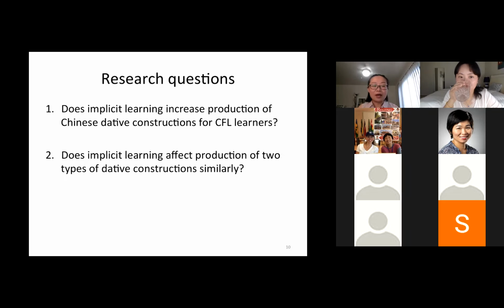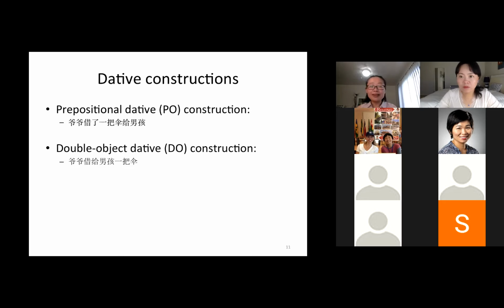The second question is, does implicit learning affect production of 2 types of dative constructions similarly? In this study, we focus on 2 types of dative constructions. One is the prepositional dative construction, also PO.